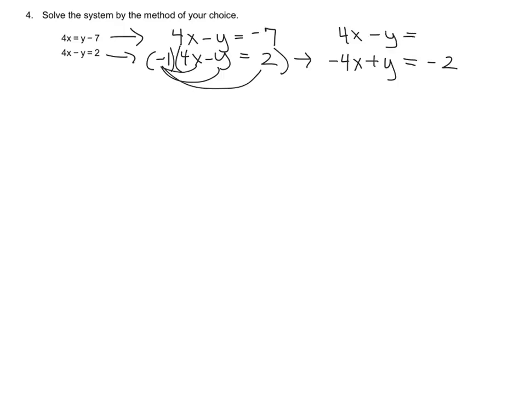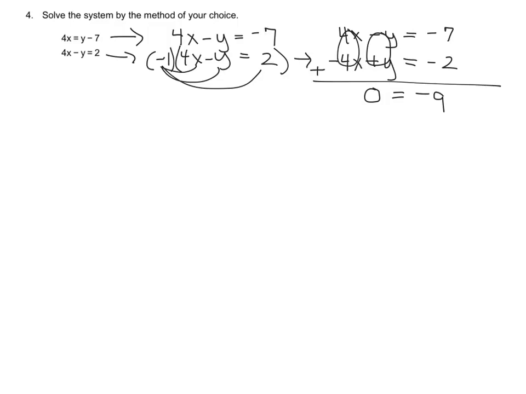And now we can add the equations together. When we do that, we get 4x minus 4x, which is 0, but then I also have minus y plus y, which is also 0. So both of my variables disappeared, and I'm left with 0 equals negative 7 plus negative 2, which is a negative 9.